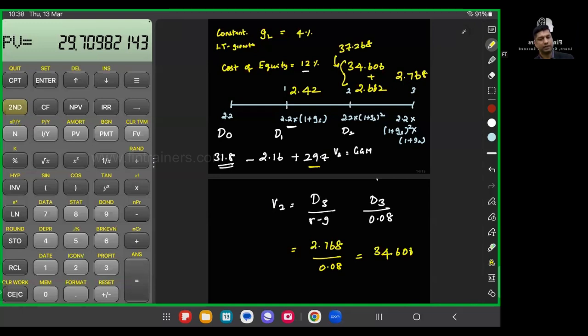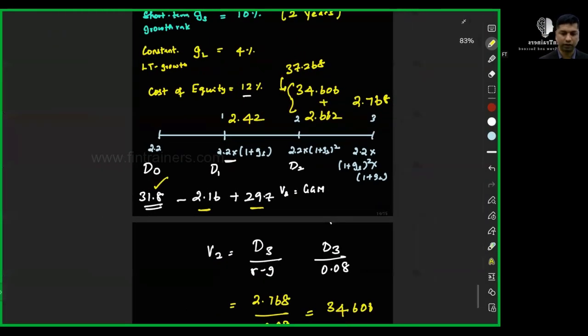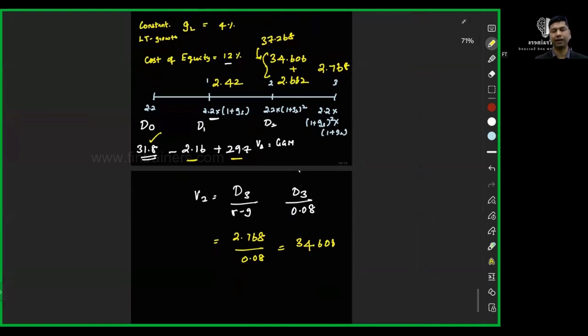The first dividend we discounted, 2.42, and we got 2.16. Together, you add those two present values, and the share price today is $31.87 to be accurate. We will have to do these kinds of computations in the exam. This is a fair question. This level of difficulty is what you would expect to get in the exam, okay? This is the kind of question you would expect.